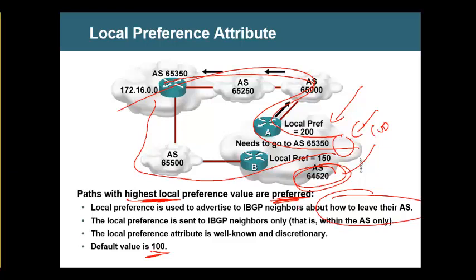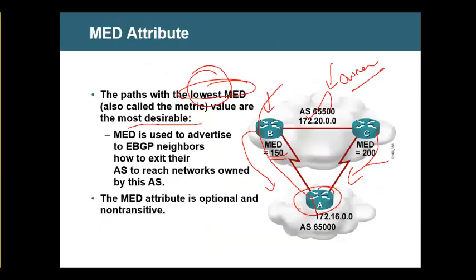Local preference defines how to leave this autonomous system, whereas MED defines how a neighbor can approach me, how a neighbor can exit.